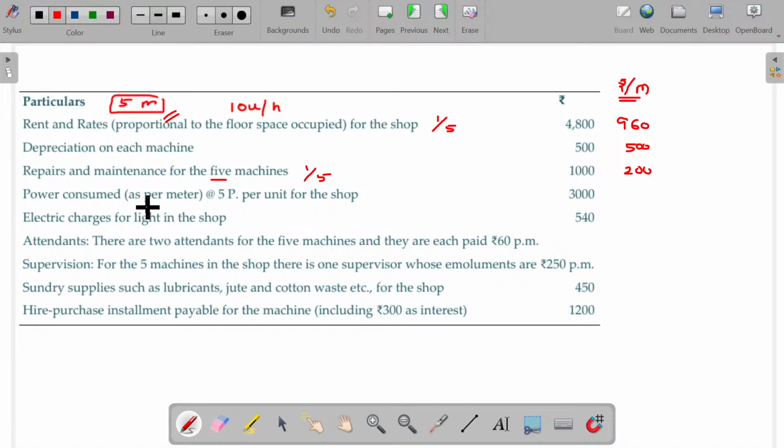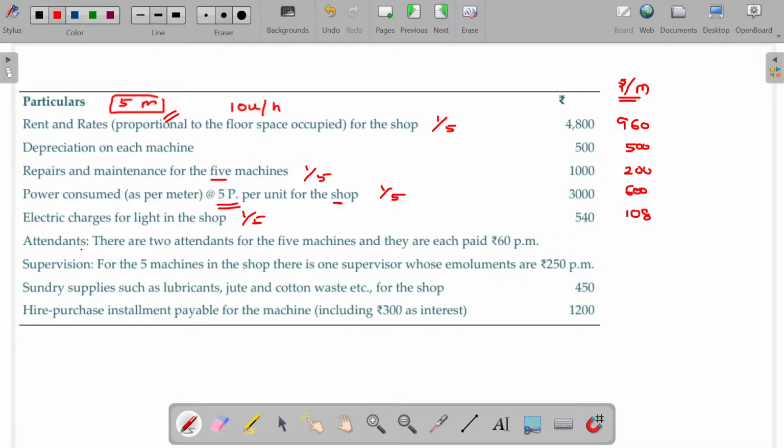Then power consumed as per the meter, 5 paise per unit for the shop. For the shop means for the 5 machines. Then per machine, it costs us 600 rupees. Electric charges for light in the shop. For the shop means all the 5 machines put together. Then per machine it costs us 108.